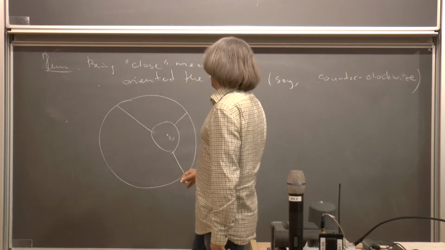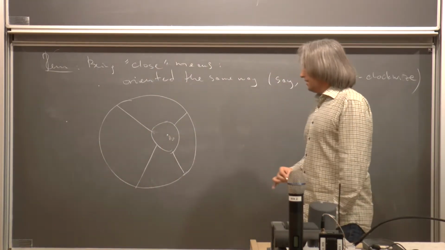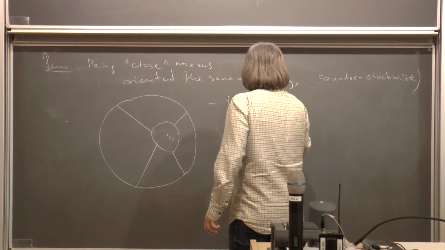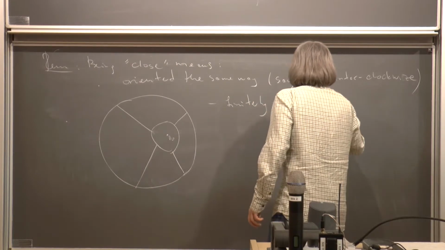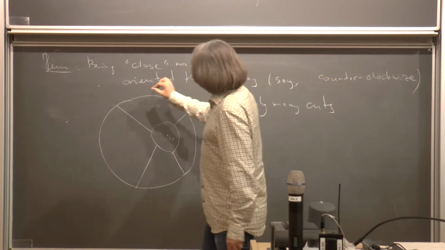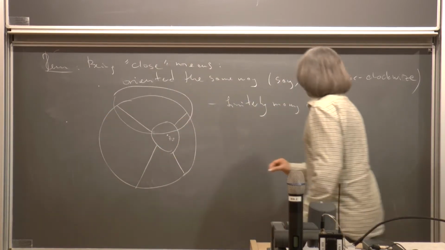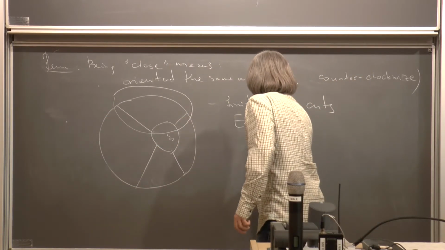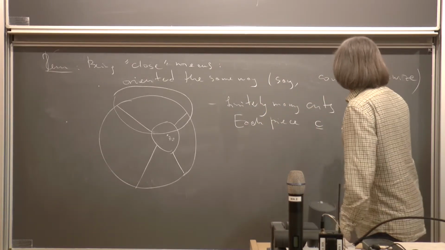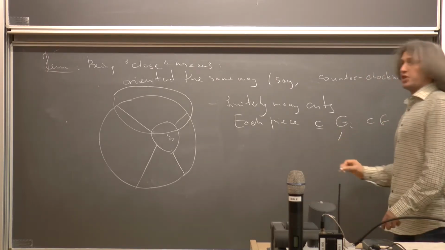A few, I don't know how many. Let's say 4 on this picture, but in general it can be any finite number of cuts, in such a way that each piece totally lies inside some subset Gi inside G, which is star-shaped.